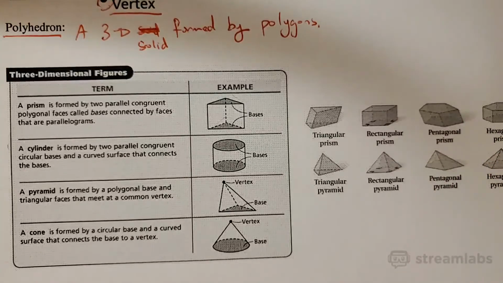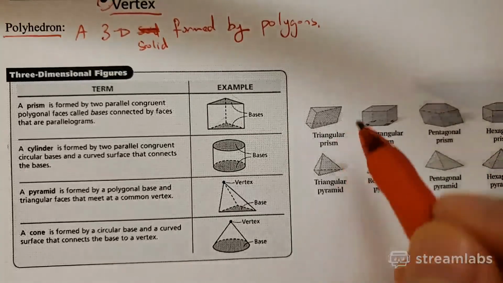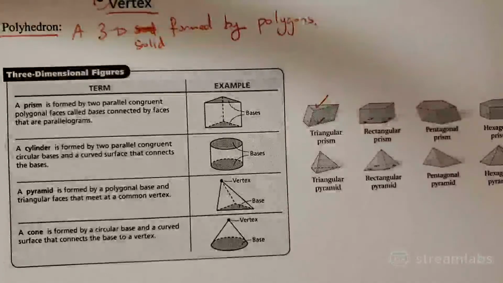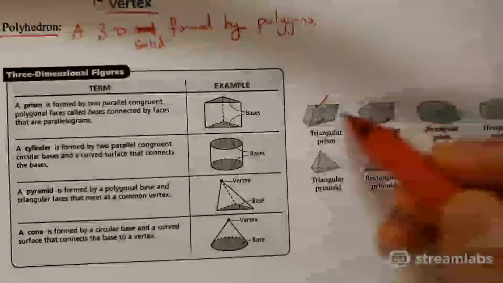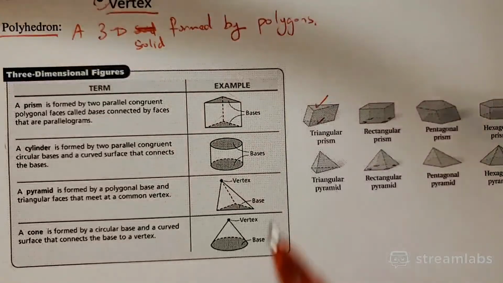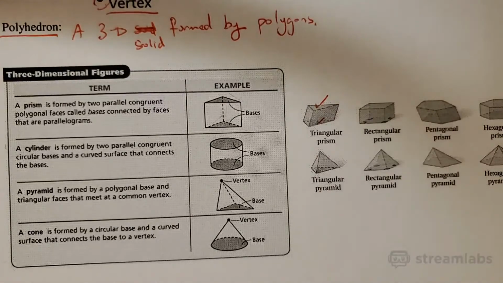You need to have two bases and they have to be congruent. They don't have to stand upright like this, they can be slanted, and it's still called a prism. But your top and bottom need to be the same base. Okay, it has to be congruent.